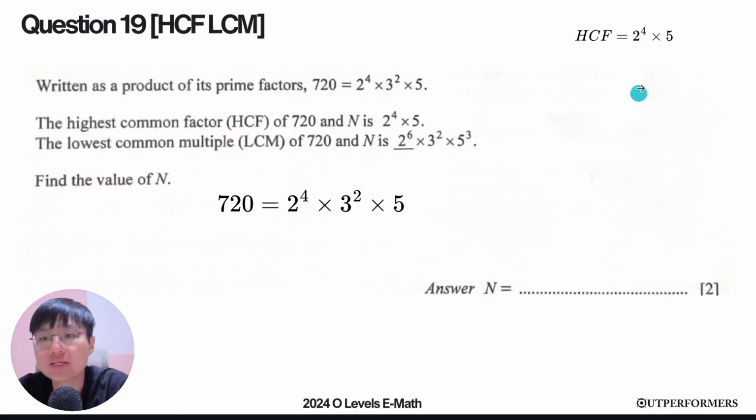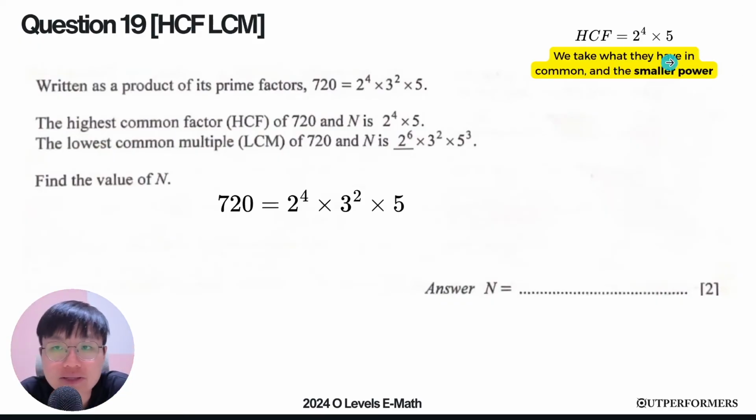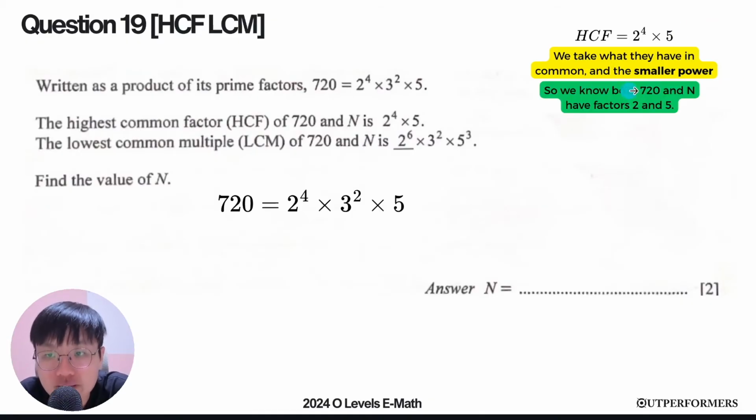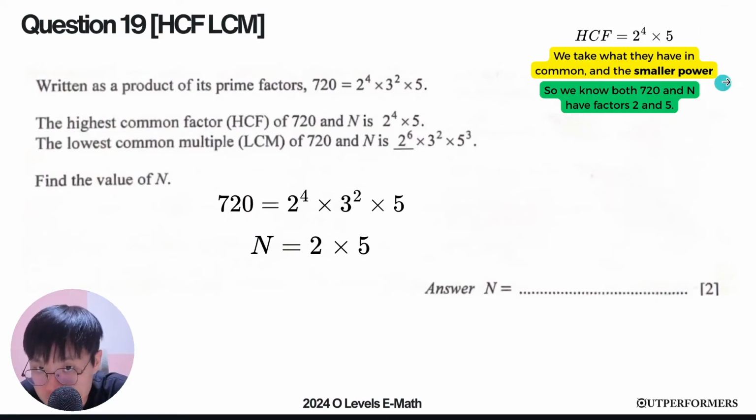Usually when it comes to HCF, we take what both of them have in common. And when they both have in common, we always take the smaller power. So we do know that both 720 and n definitely have factors 2 and 5. Okay, so that's what you can put right here first.